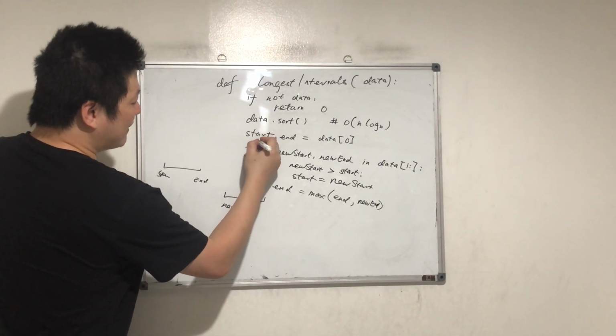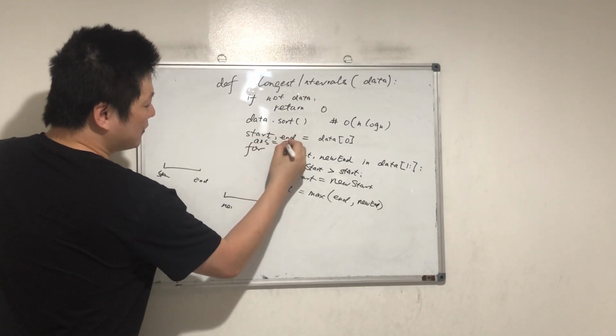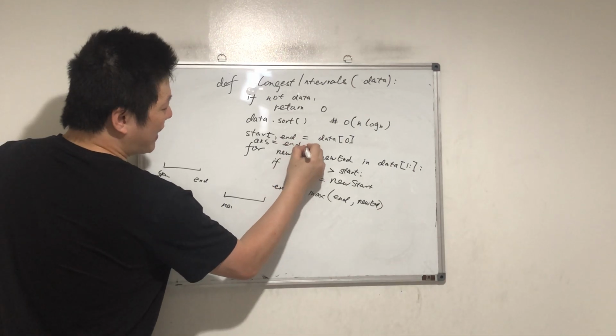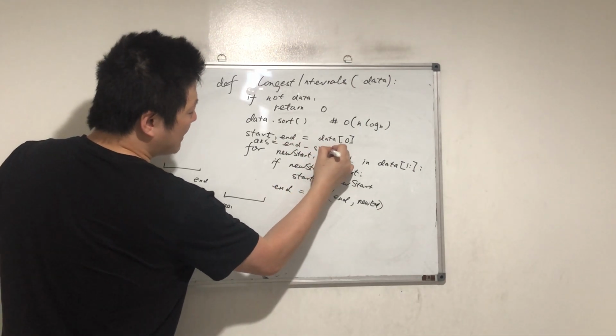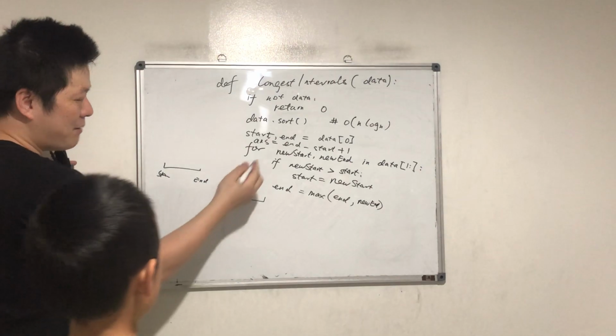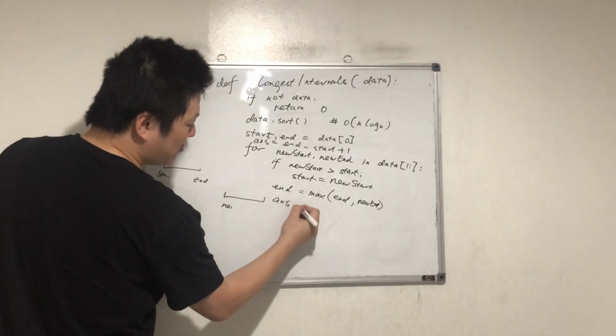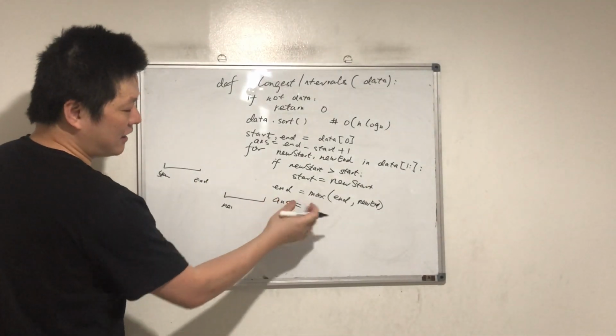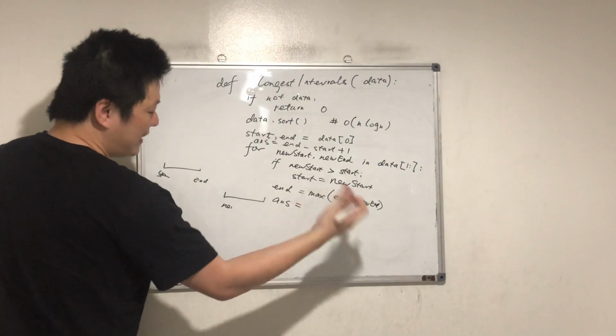We have this answer. Answer will be equal to, at the beginning, end minus start plus 1. Then we want to check if the current start and end make an interval longer than the answer.